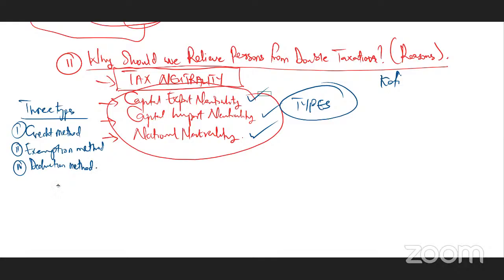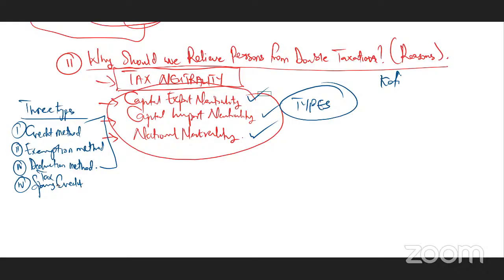Okay, but there are other ones. There's another one which mostly we use to attract investment. We call it the tax sparing credit relief. Okay, but these are the common ones that you see. All these ones are based on the credit and exemption.